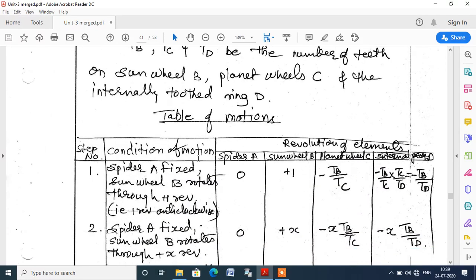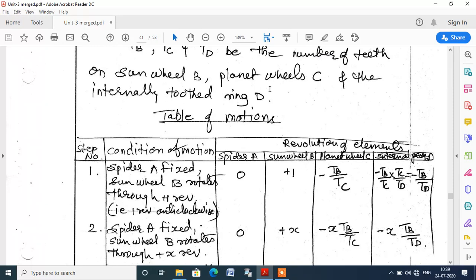As per our usual method, draw the table. The first column is step number, the second is conditions of motion, the third one is revolution of. Now how many elements are there? We have to see in the figure.